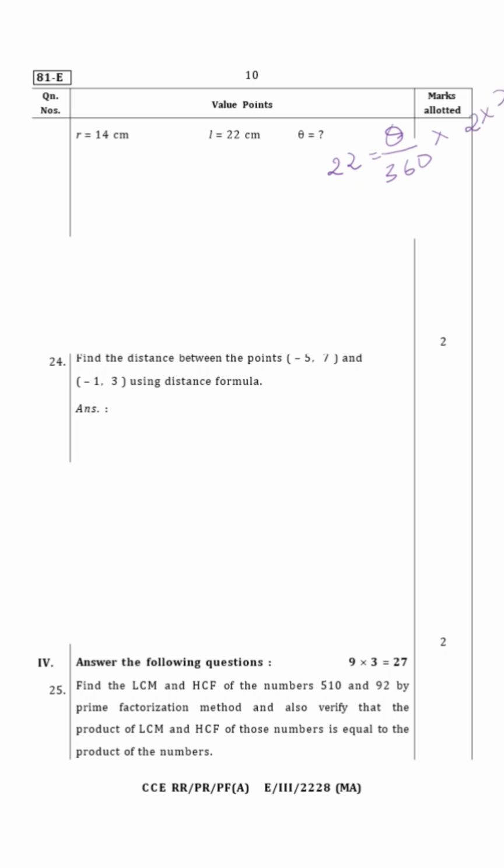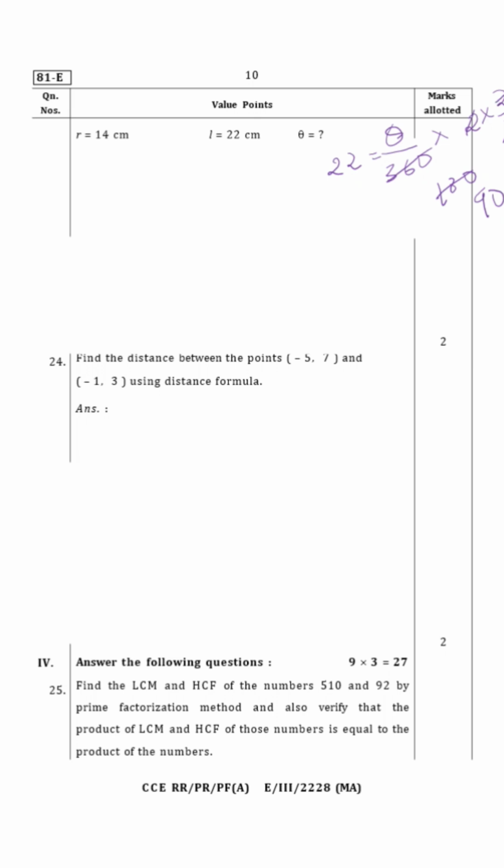2 into pi is 22 by 7. Radius is 14 centimeter. Here you can observe that 7 2s are 14, 2 1s are 2, 180s are 2, 90s are.